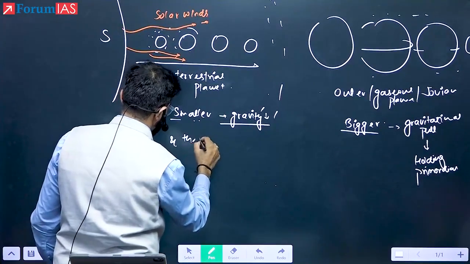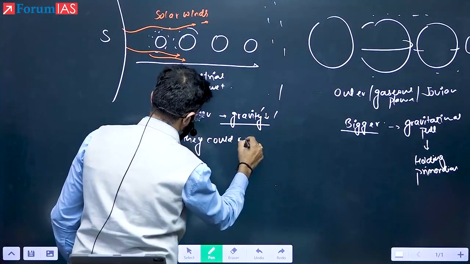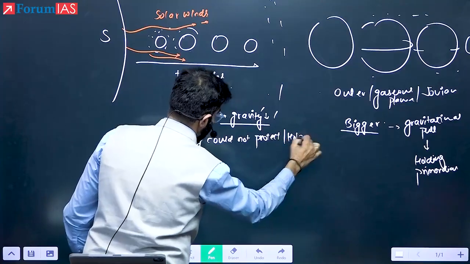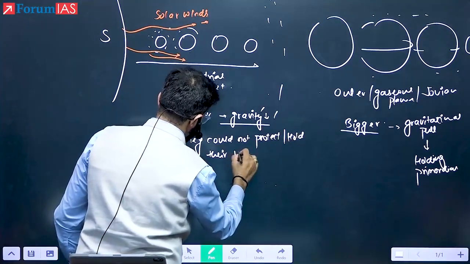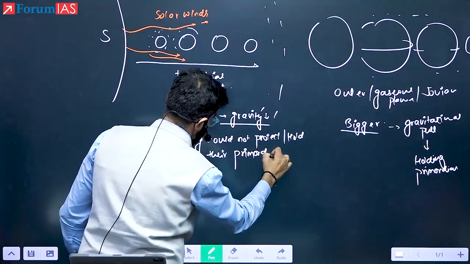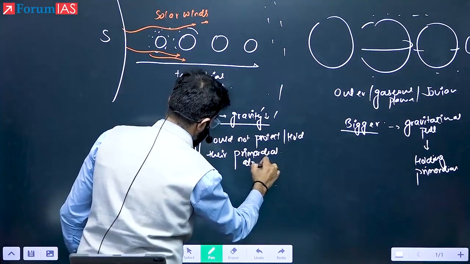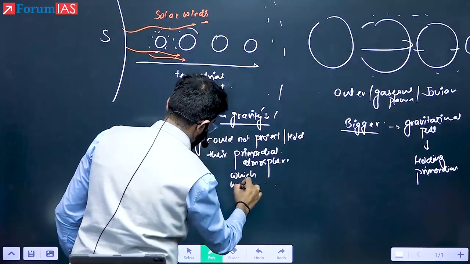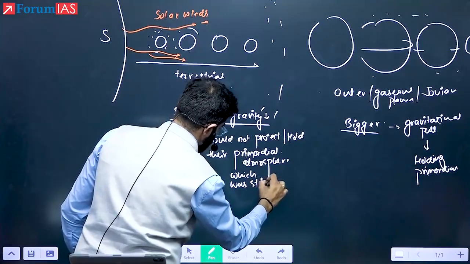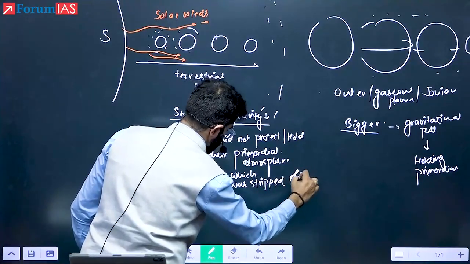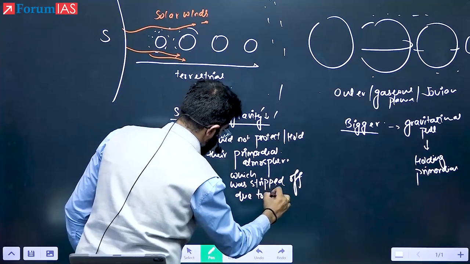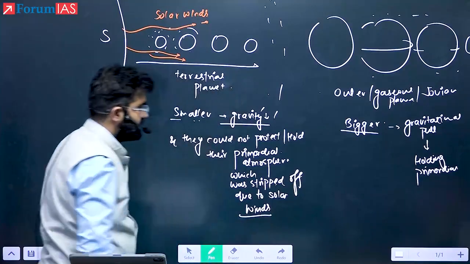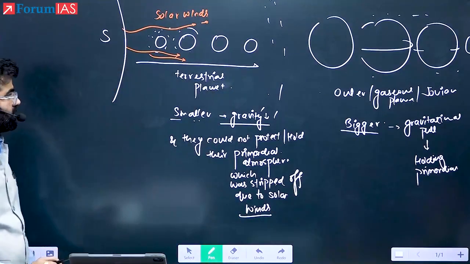And they could not protect or hold their primordial atmosphere, which was stripped off due to solar winds, which were most powerful in this area because they were very closely located.